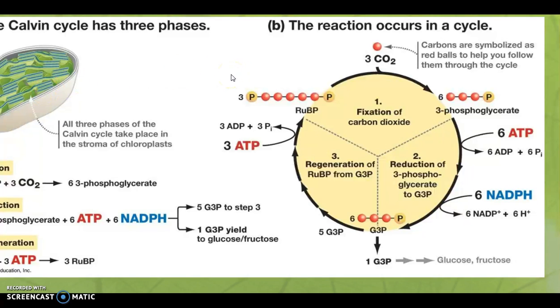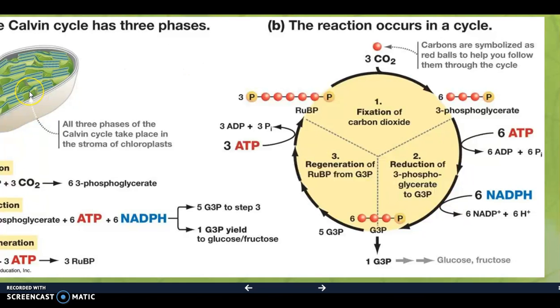So another thing that we need for the Calvin cycle to occur is CO2. So I want you to think about the knowledge that you have about the leaf structure and the organization of the leaf, and think about how CO2 would be made available in the stroma.